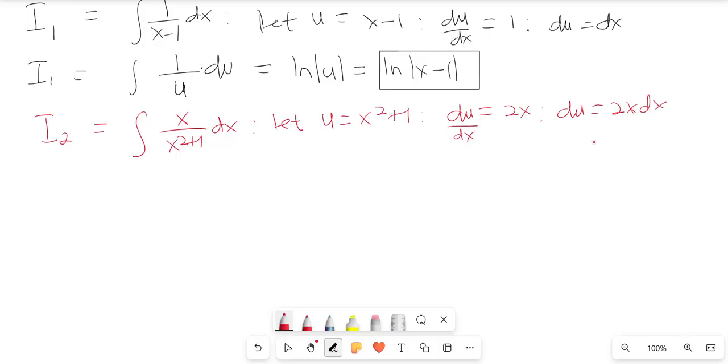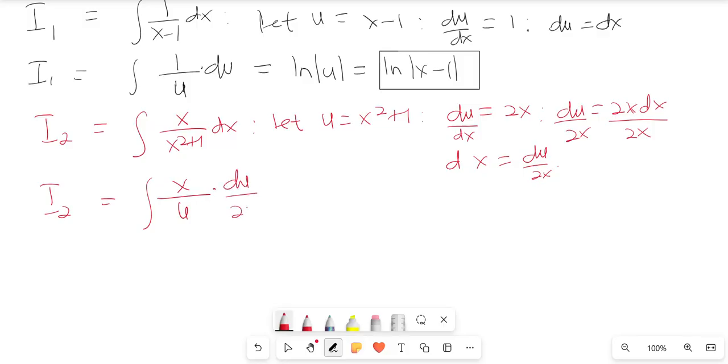So we can divide by 2x on both sides and have dx equal to du over 2x. So our integral 2 is equal to the integral of x over u times dx, which is du over 2x.